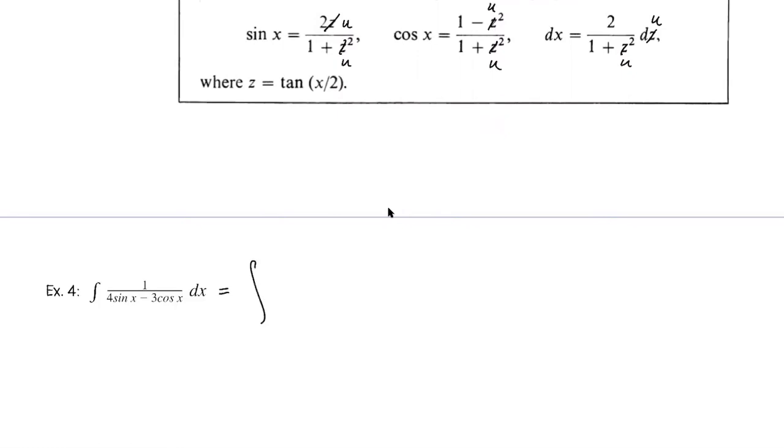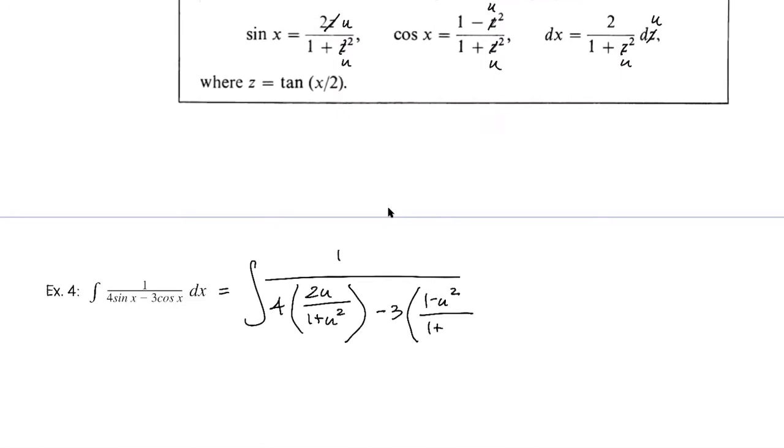So I'm going to get the integral of 1 over the 4, but instead of sine x, I'm going to write 2u over 1 plus u squared. Minus 3, instead of cosine x, I'm going to write 1 minus u squared over 1 plus u squared.